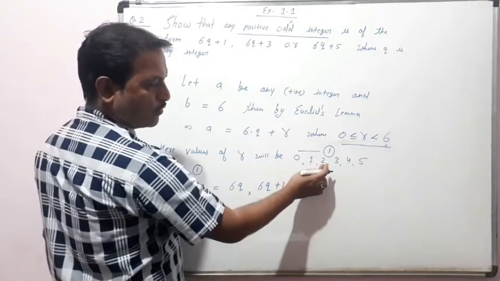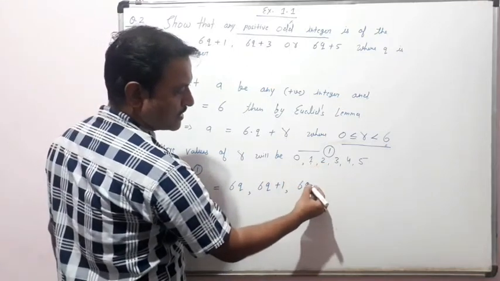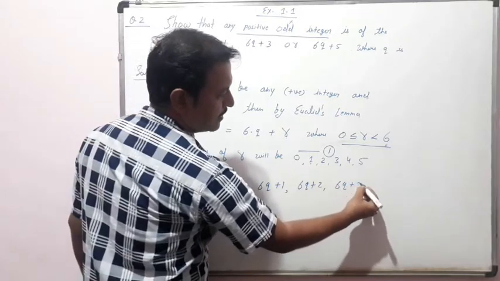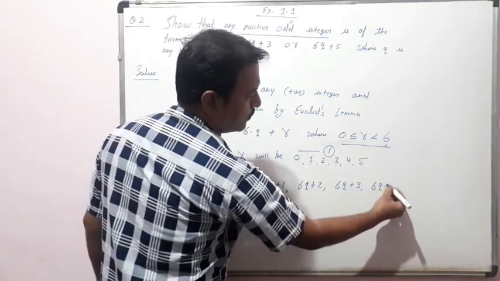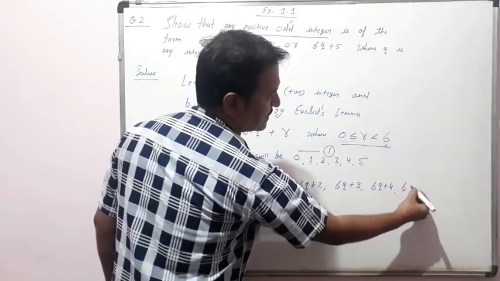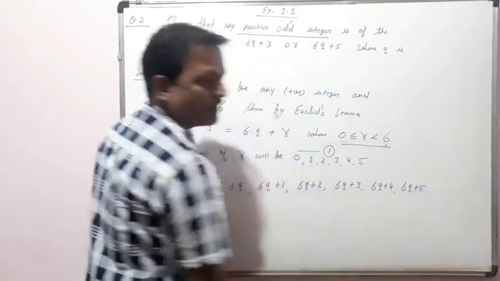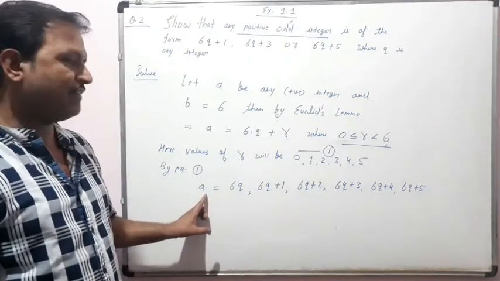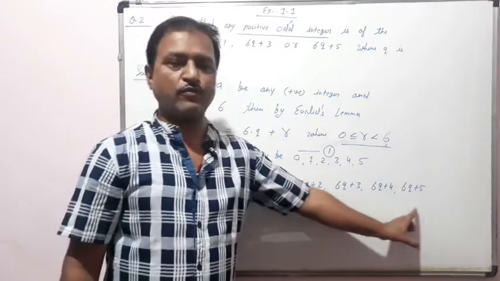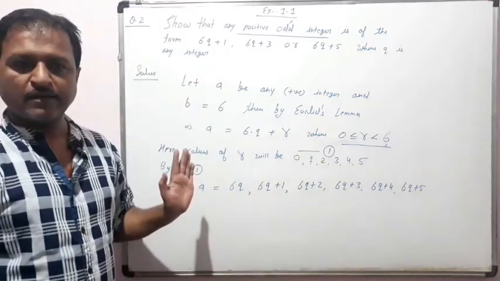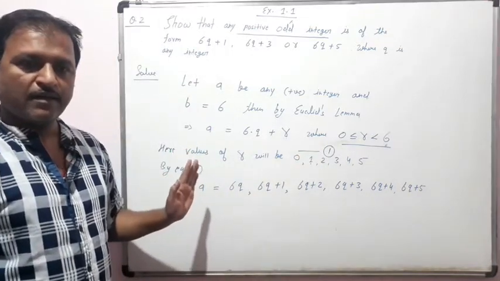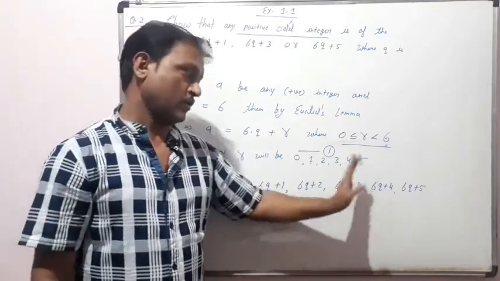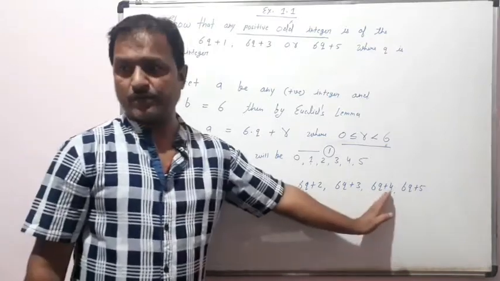Put 2, 6q plus 2. Put 3, 6q plus 3. Put 4, 6q plus 4. Put 5, 6q plus 5. That means the variable a can have these 6 values only. Clear?